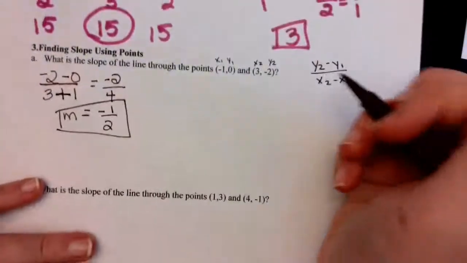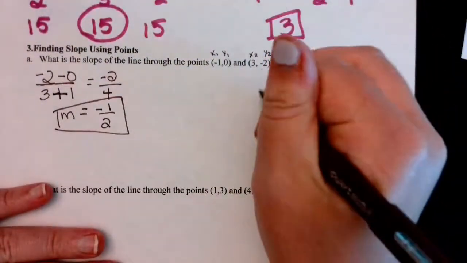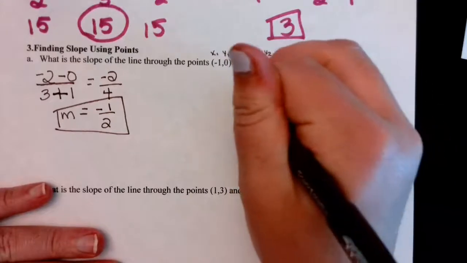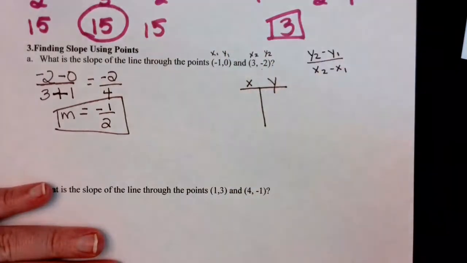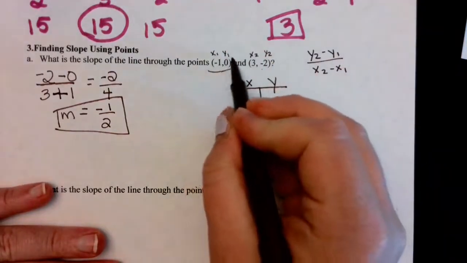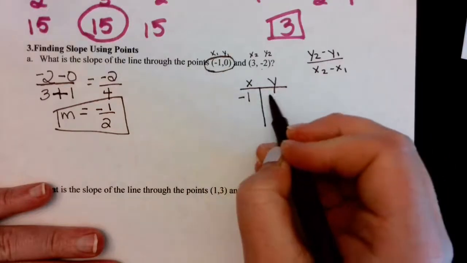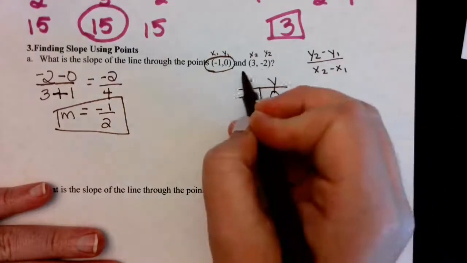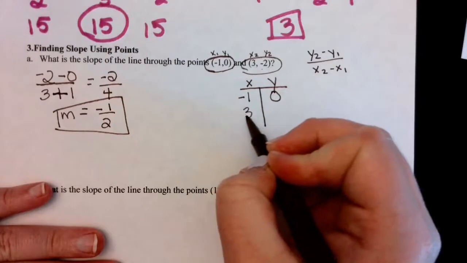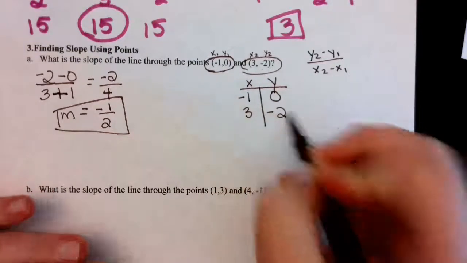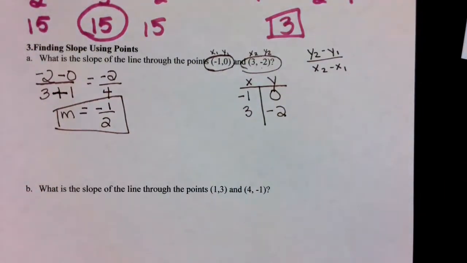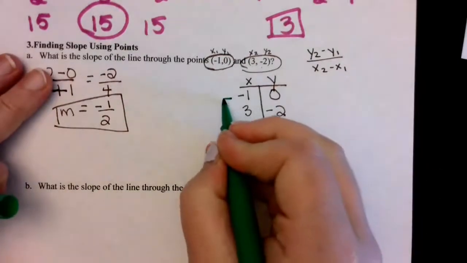I am also going to show you how to do it in the table we did up top. So, x, y, put this point in first, put this point in second, since my x is 3, my y is negative 2. Okay, now I just find the slope of those 2 points.